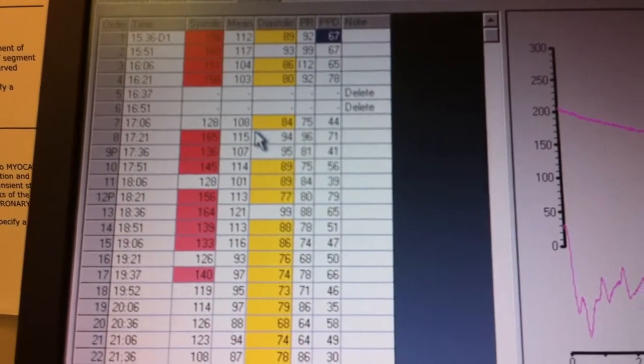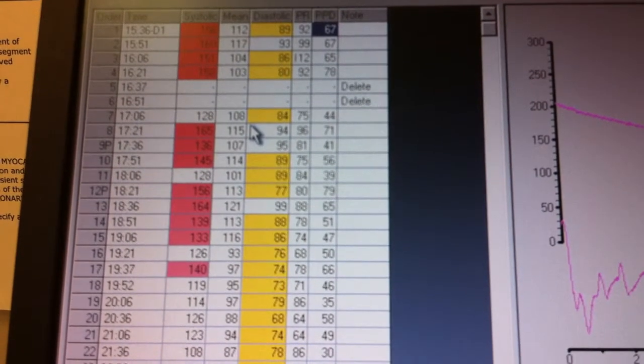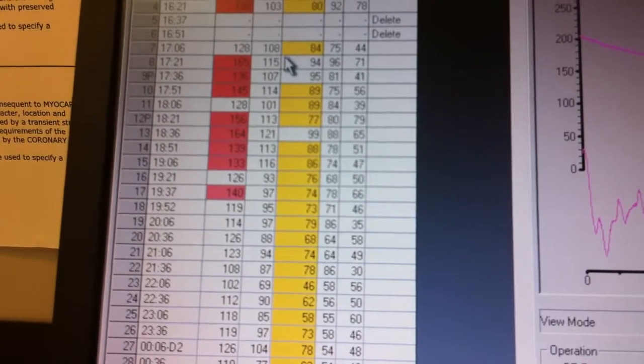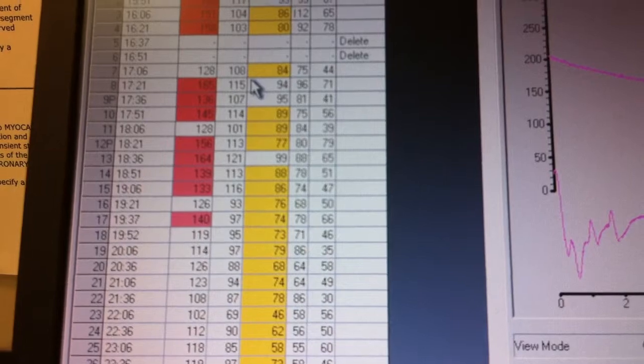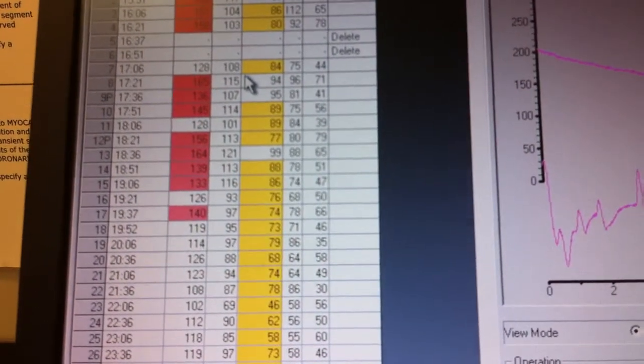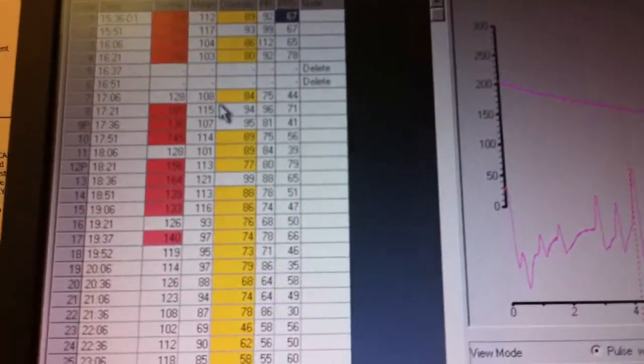High values are colored in red and yellow: red for high systolic pressures, yellow for diastolic pressures.